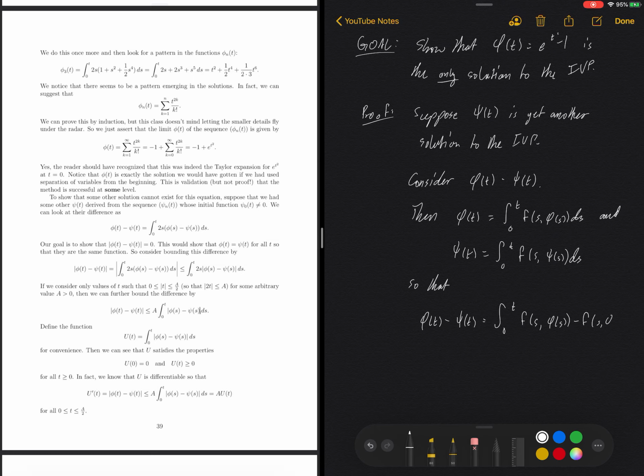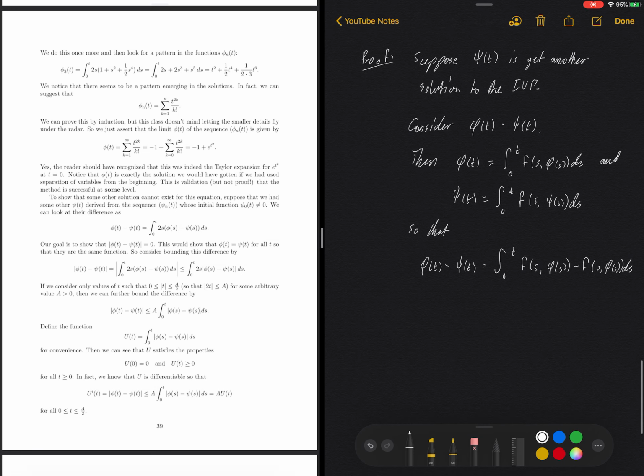This would be phi of t minus psi of t, which would be the difference between these two integrals, which is the integral of f of s, phi of s minus f of s, psi of s, because integrals are linear operators. We actually know what f looks like in this example.